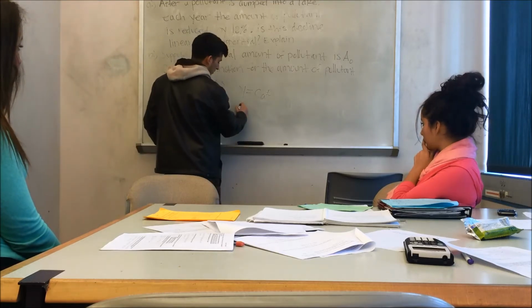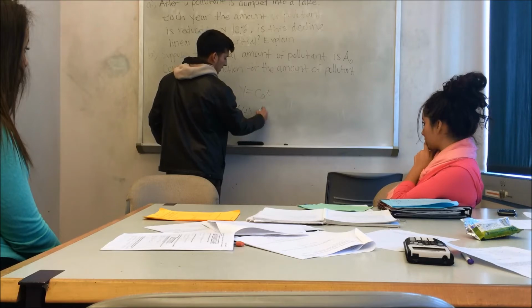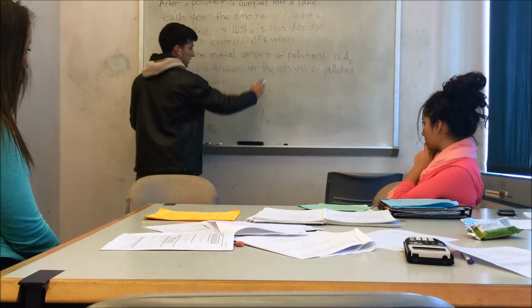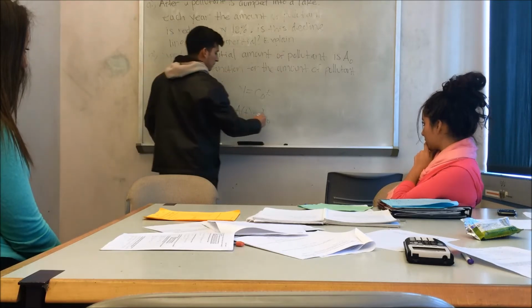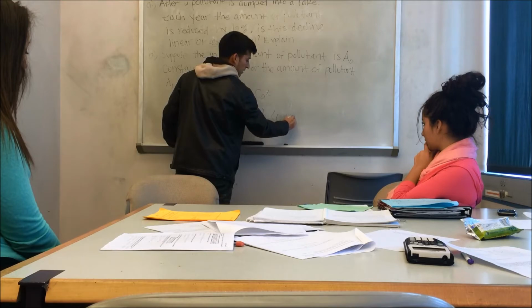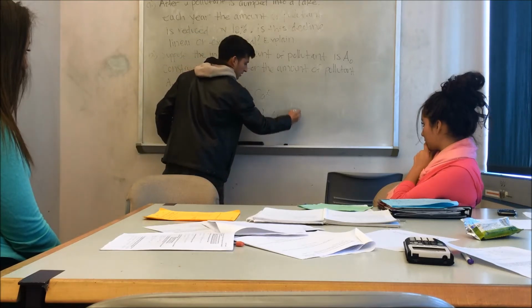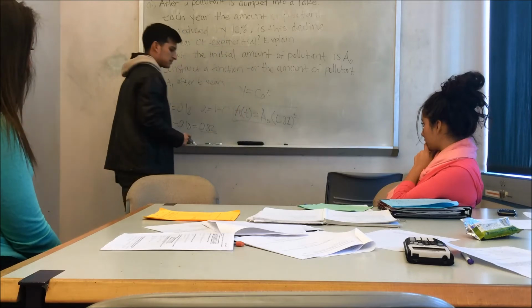So it's going to be A of t equals A naught, which we're getting from the question, times 0.82, which is our decay rate, to the t. And this right here is going to be our exponential function.